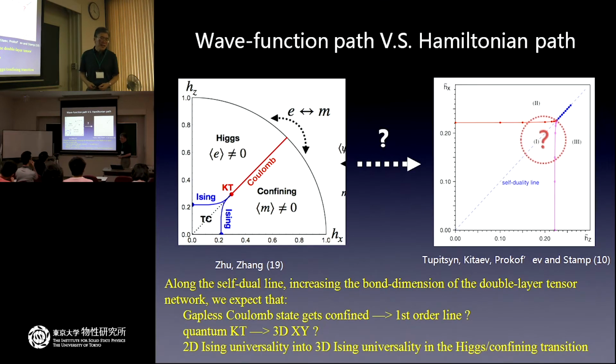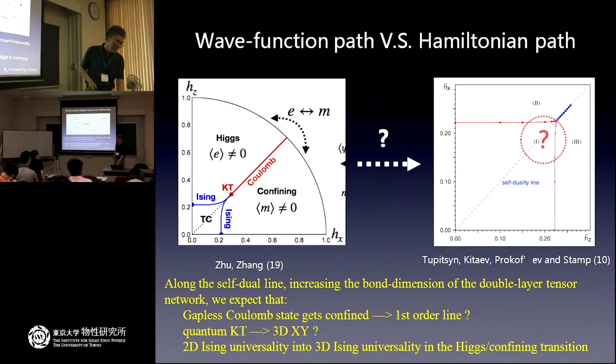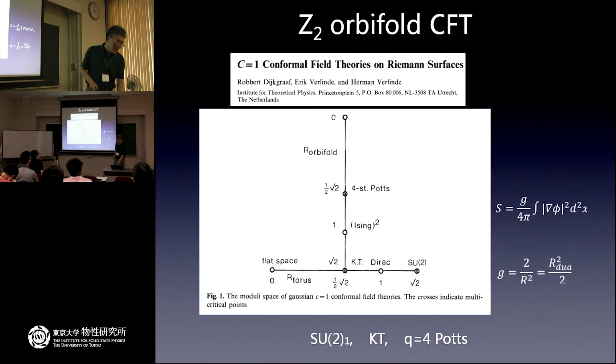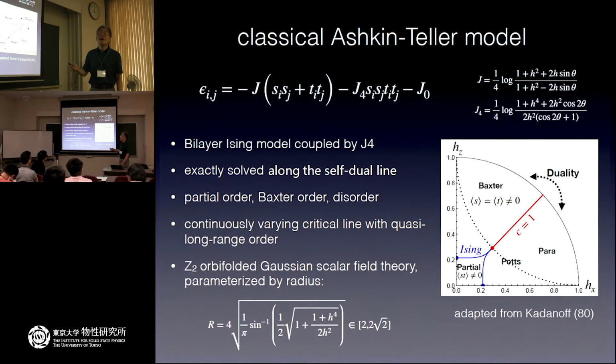No. The KT transition looks like a marginal situation. So do you believe that the KT criticality is unstable in a 2+1 dimensional system? Unstable. Yeah, unstable.